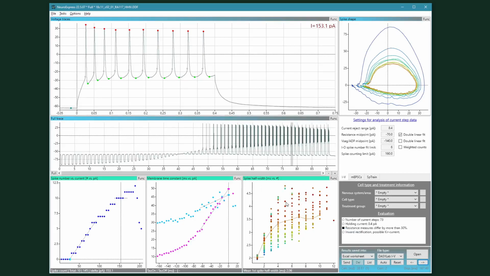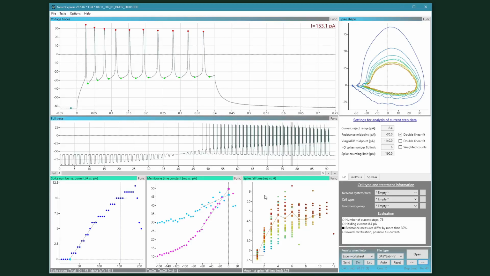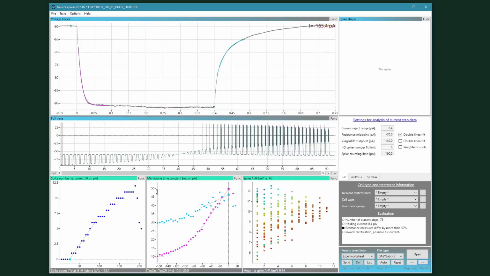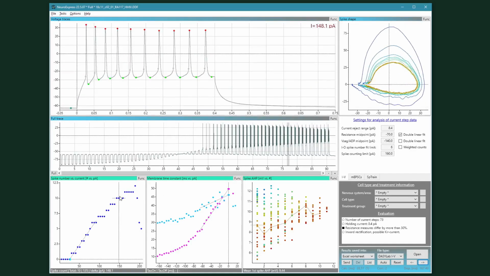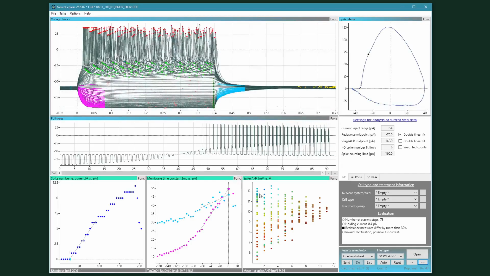We can calculate spike half width and fall time, and then several other parameters. As I mentioned, there is also after hyperpolarization, which is a positive number for spikes when the threshold is higher than the after hyperpolarization. So these are the after hyperpolarization values calculated for the first, second, and other spikes.